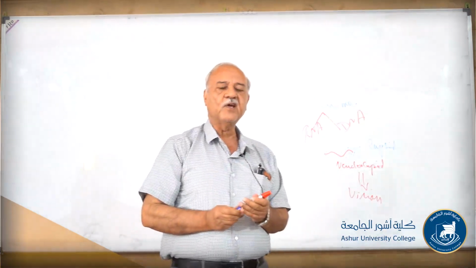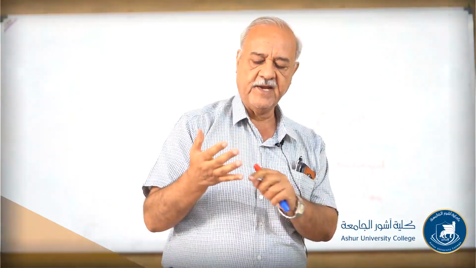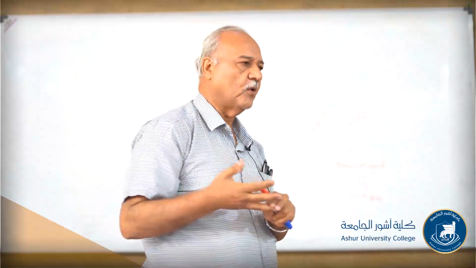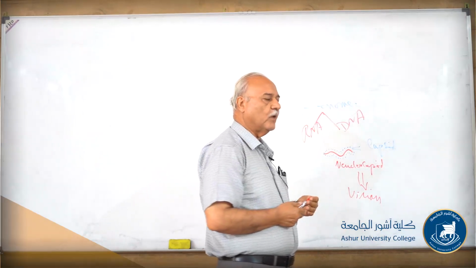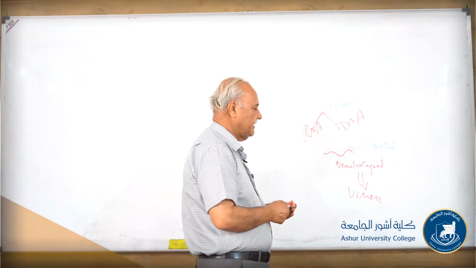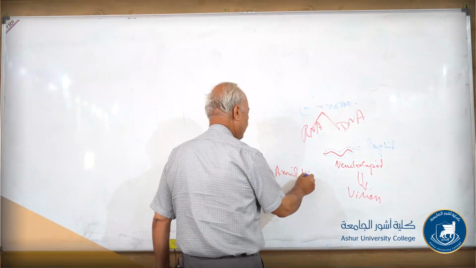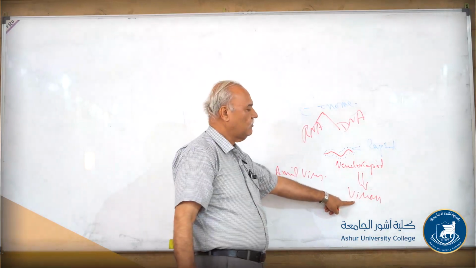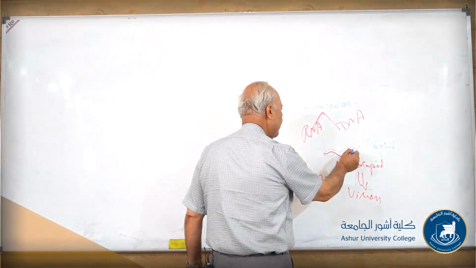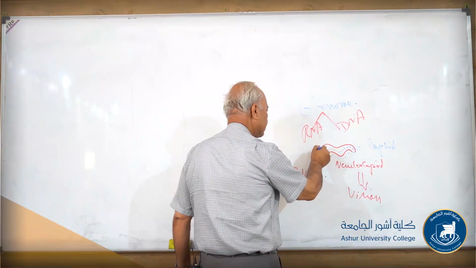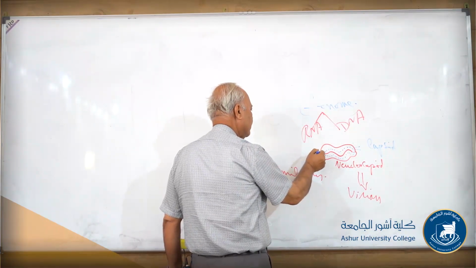So the virion is the active form of a virus containing RNA and protein layers. Some viruses, usually animal viruses, in addition to the virion nucleocapsid, have another layer called the envelope.